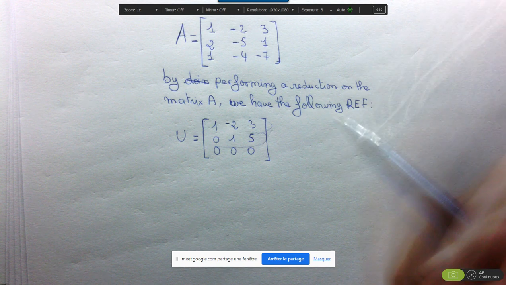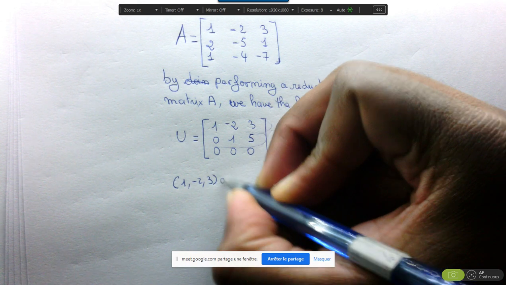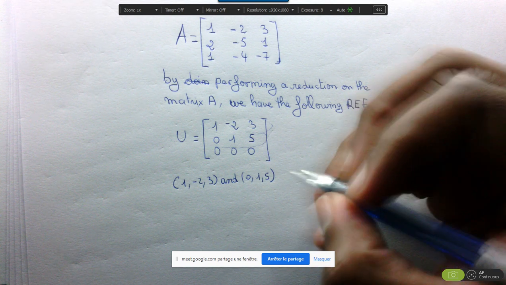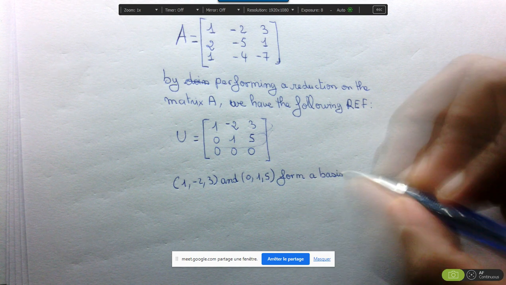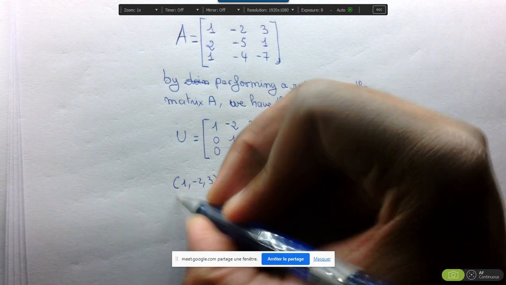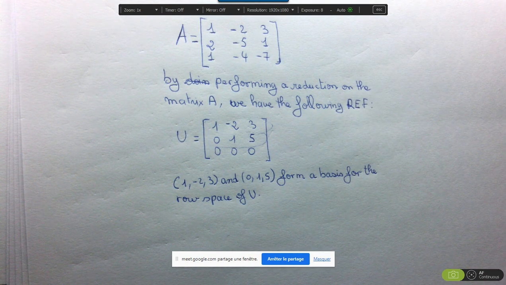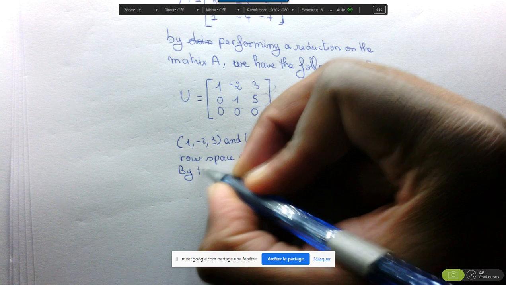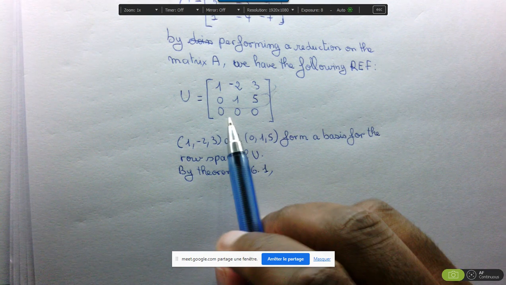Now here clearly, 1, -2, 3 and 0, 1, 5 form a basis for the row space of U. But we know by the previous theorem, theorem 3.6.1, that two row equivalent matrices have the same row space.